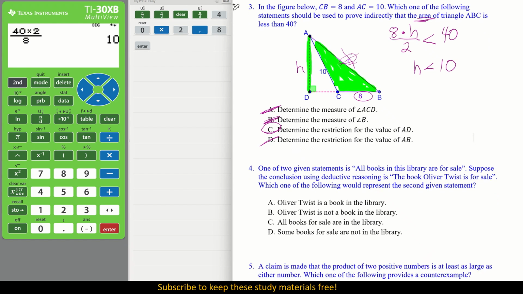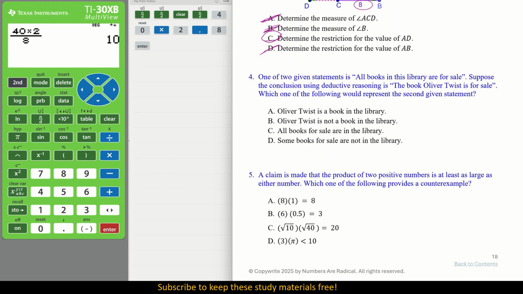Okay, let's go to number 4. One of the two given statements is all books in this library are for sale. Suppose the conclusion using deductive reasoning is the book Oliver Twist is for sale.